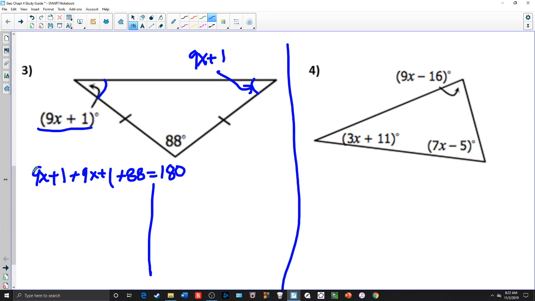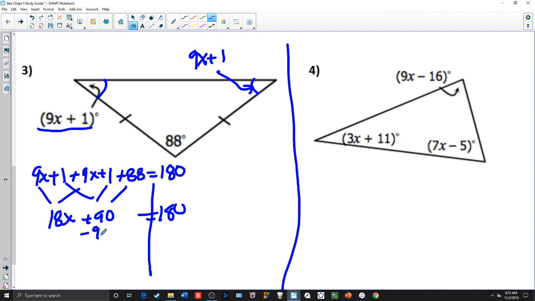So again, it's first angle, copy of the first angle, because these are congruent, so they have to be copies of each other. And then plus the top angle is equal to 180. So make that a little bit cleaner there. And then now we're back to a normal everyday equation. So we add up our 9x's, we get 18x. Here we get, let's see, 2 plus 88 would be 90, is equal to 180.